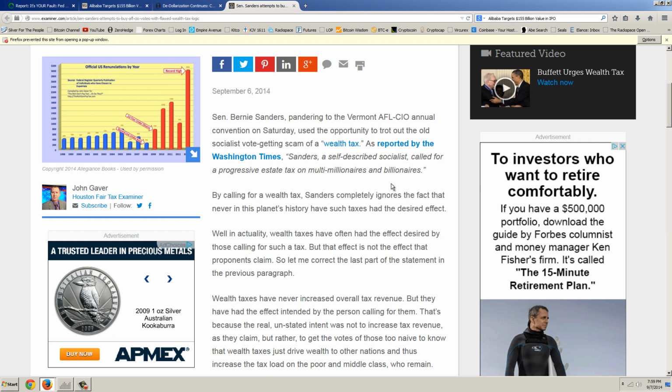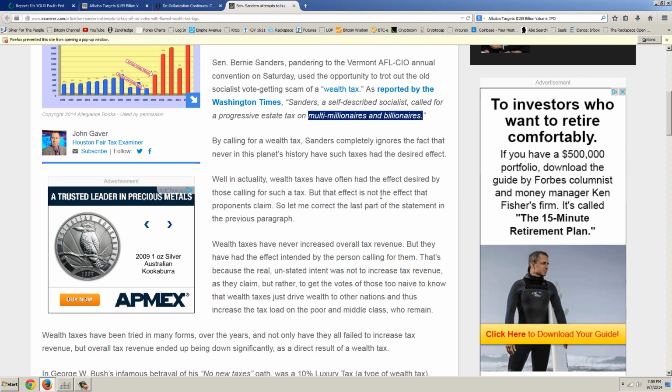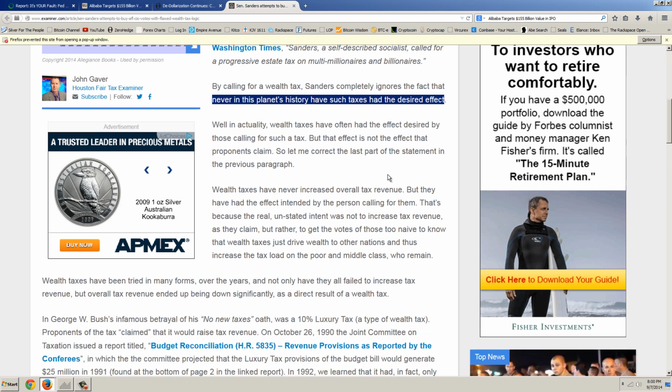As reported by the Washington Times, Sanders, a self-described socialist, called for a progressive estate tax on multimillionaires and billionaires. Calling for a wealth tax, Sanders completely ignores the fact that never in this planet's history have such taxes had the desired effect. Well, in actuality, wealth taxes have often had the effect desired by those calling for such a tax, but that effect is not the effect that proponents claim.